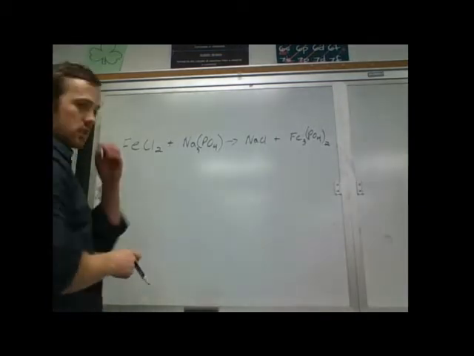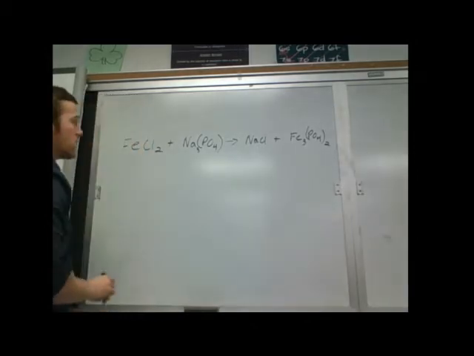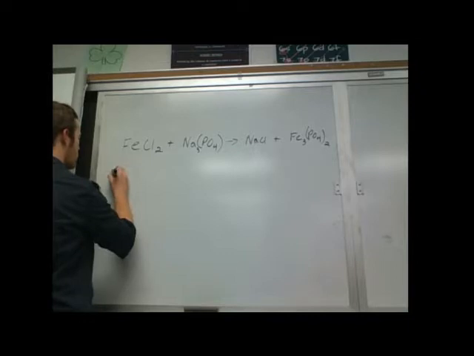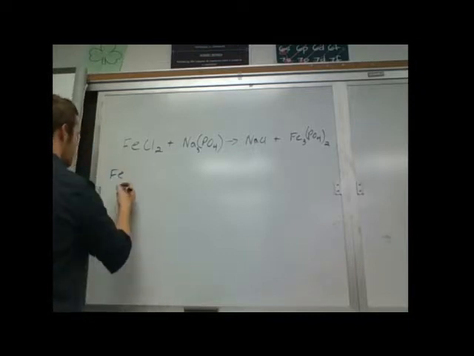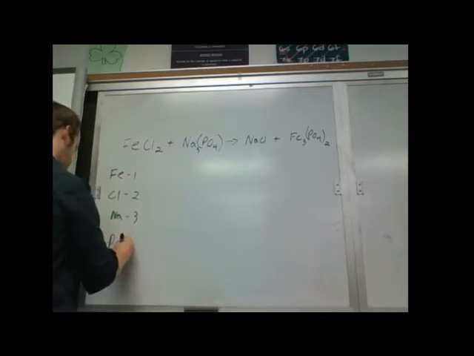Okay, so looking at this example, we have to balance, again, the reactant side with the product side. So on the left-hand side of our equation, we have one iron, we have two chlorines, we have 3 sodiums, and we have one phosphate group.